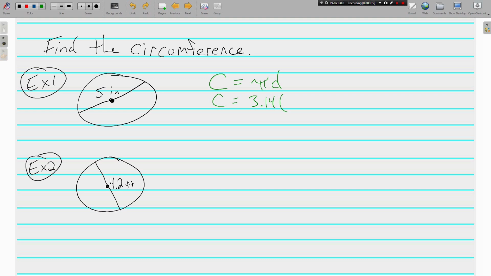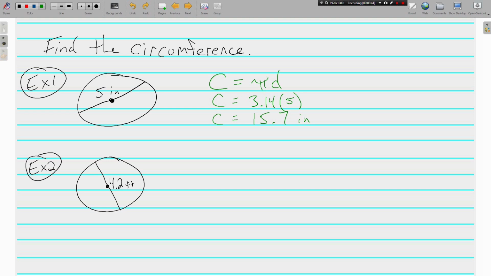And our diameter, given right here in the diagram, is 5. So we multiply 3.14 times 5, and we get 15.7 inches. It's that easy. Pi times diameter equals circumference. And this is our answer to the nearest tenth.